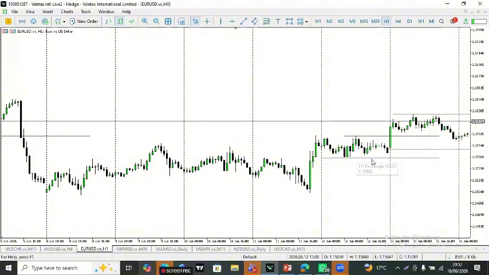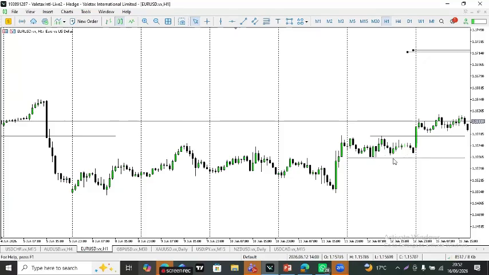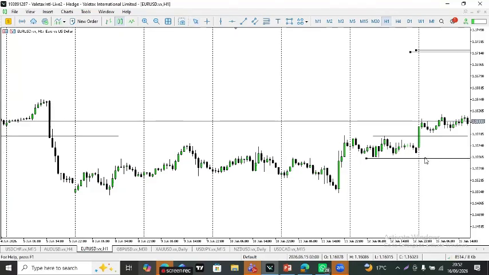Now, let me just remove this to avoid confusion. Until price takes out this low right here, that's when I'll consider we have a change of character. But price never did that. It broke structure to the upside, what we call a BOS, a break of structure. Overall market structure is bullish.